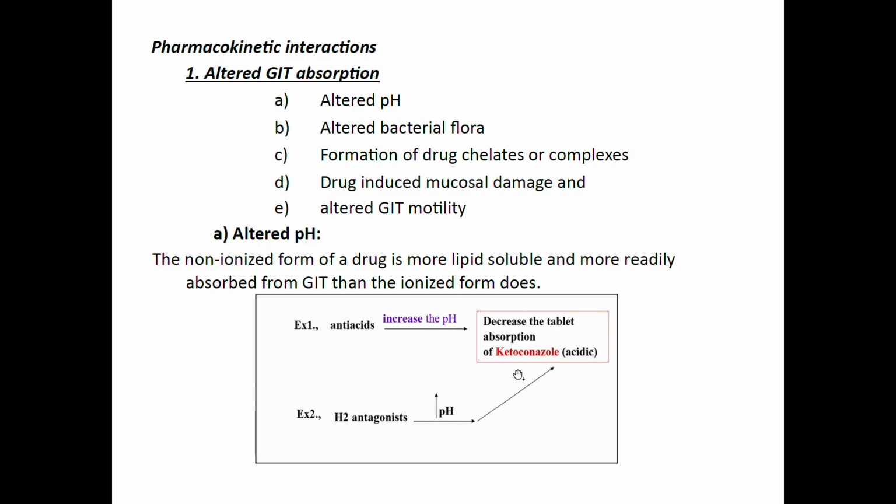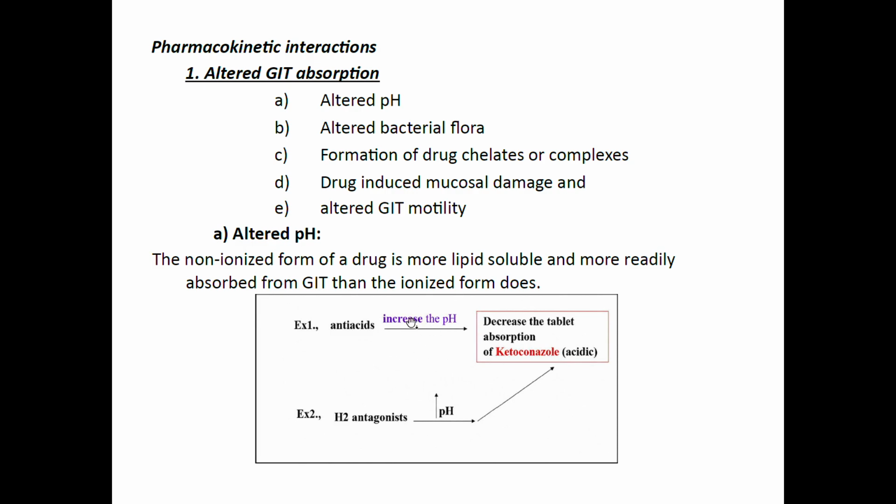We know ketoconazole is an acidic drug which gets better absorbed in the stomach, because an acidic drug will absorb in the stomach, because in acidic media it would be non-ionized. But whenever we are taking antacids or H2 antagonist, it will increase the pH.